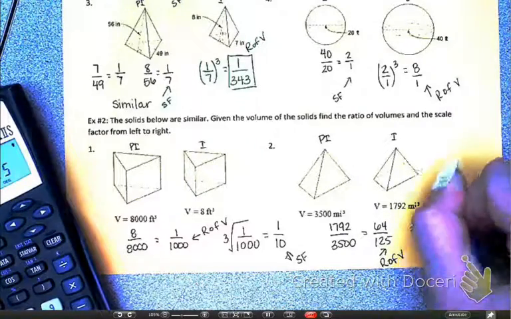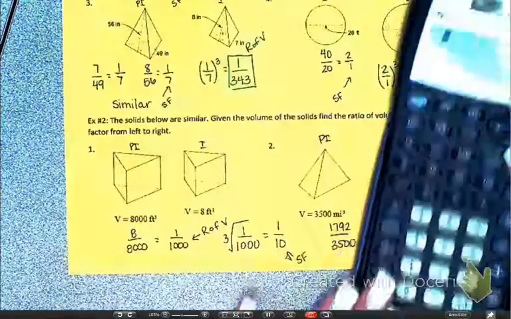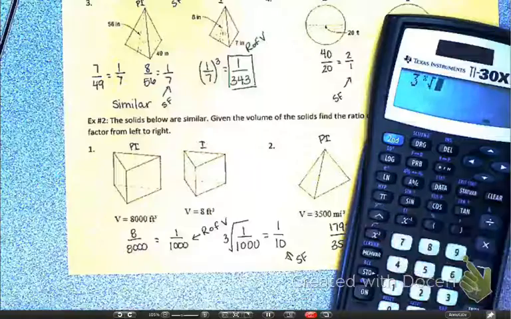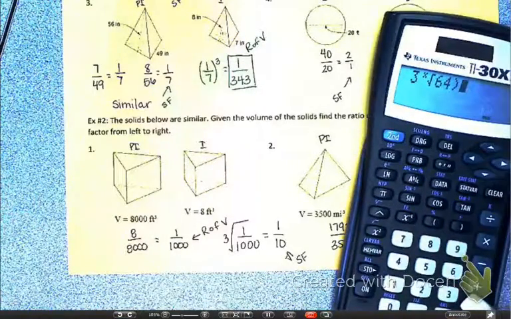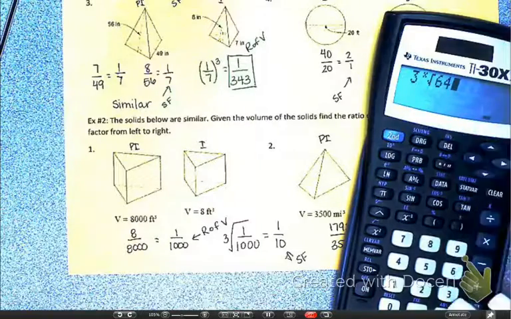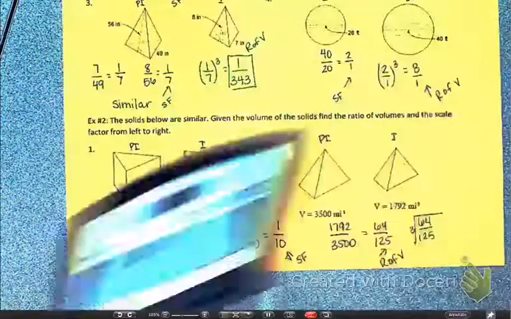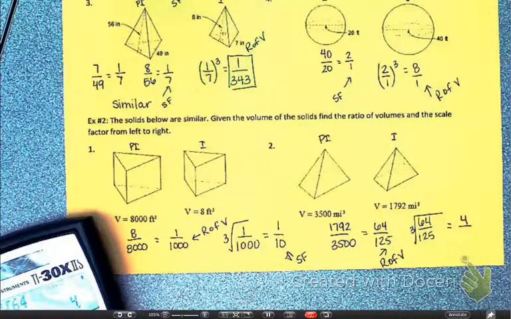And how do I find scale factor? Cube root. So in my calculator, let me show you. I'm going to go 3 for me. A couple of you are different. So the cube root of 64 should have given you 4. Did you get 4? Yes? And I know what the cube root of 125 is. But if you plug it into your calculator, what should you have gotten? 5.